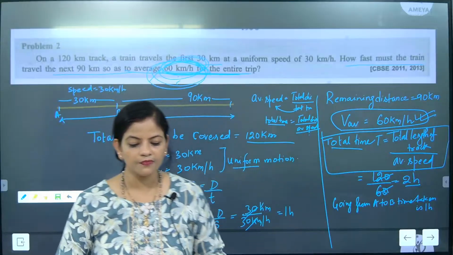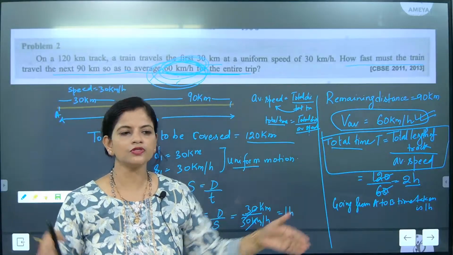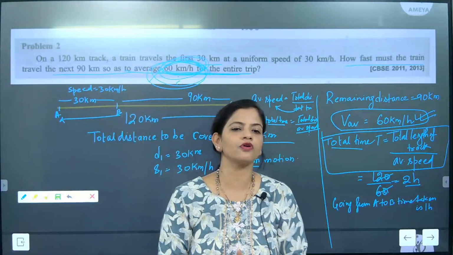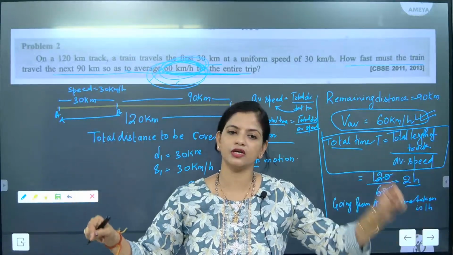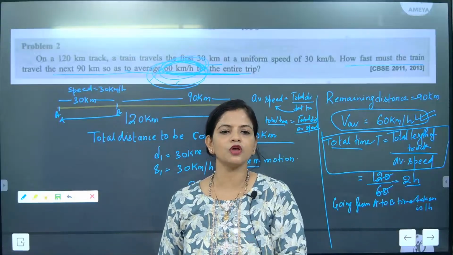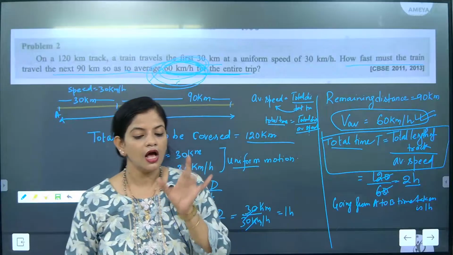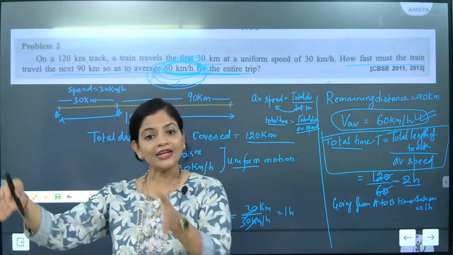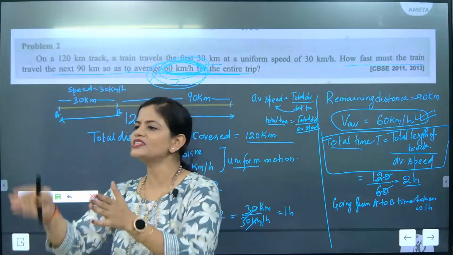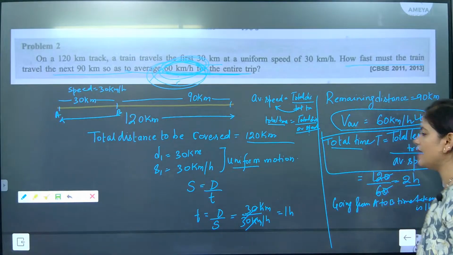Think very nicely, because you are solving, you should be very clear on your concept. Total time taken for the entire journey to cover a distance of 120 kilometer is 2 hours. So A to B already you took 1 hour. How much time left? 1 hour left.